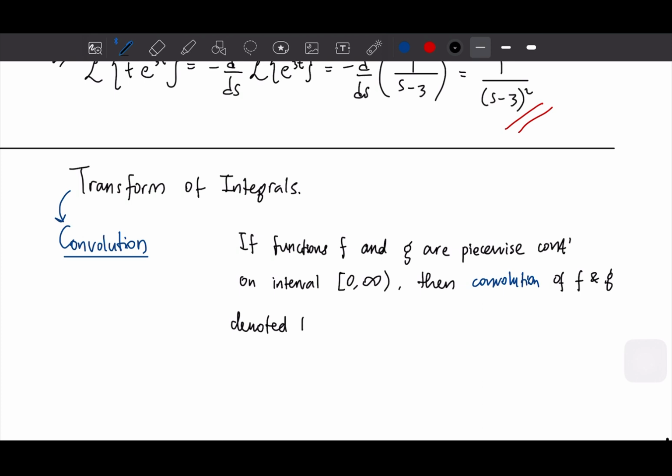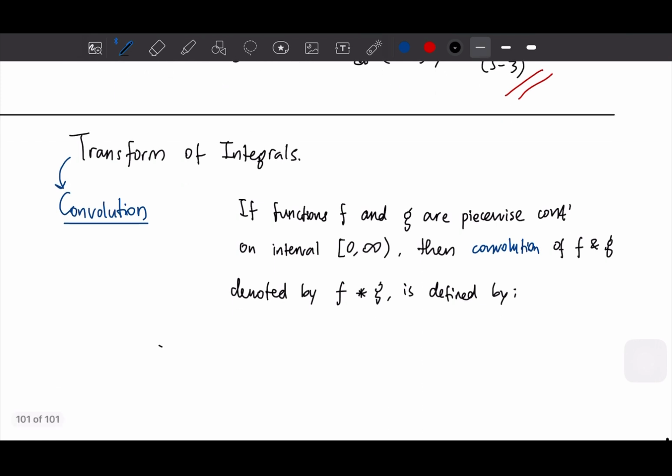denoted by, we write the convolution as f, convolution is like an asterisk like that, is defined by integration from 0 to t of f of some other variable, we call it the dummy variable, but because we already have t in our normal equations, we are going to write another variable.